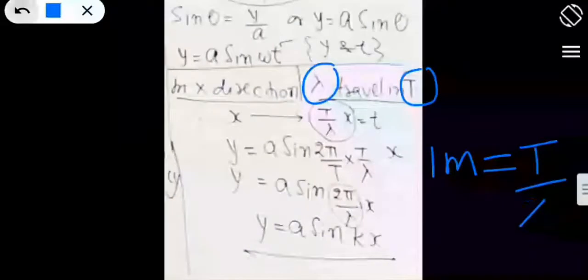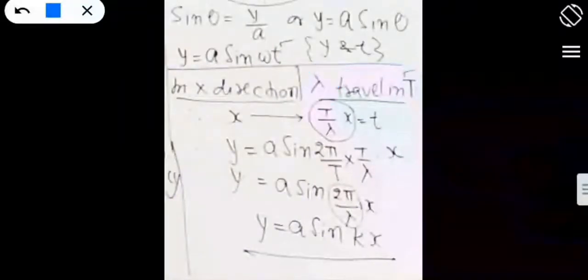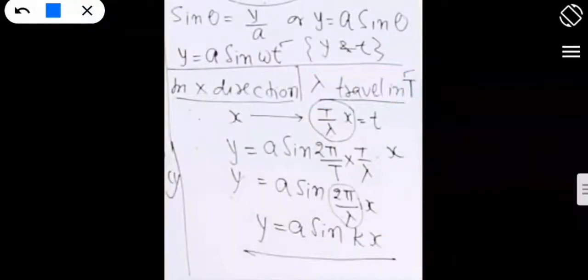So lambda length will be covered in time capital T, and 1 meter will be covered in time T upon lambda.